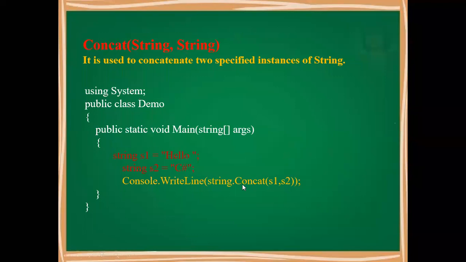String is the class name and Concat is a static method provided by the string class. That's why we need not call the method with the name of an object. You know that static methods can be called with the name of the class. In that we have provided two strings, s1 comma s2. So s1 and s2 will be concatenated. Output will be hello C sharp.